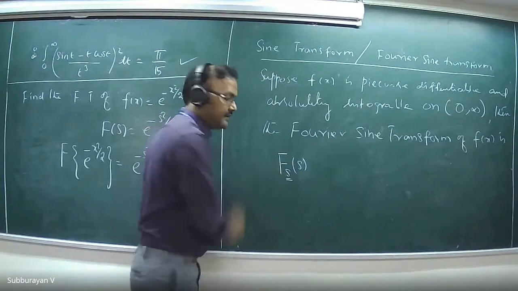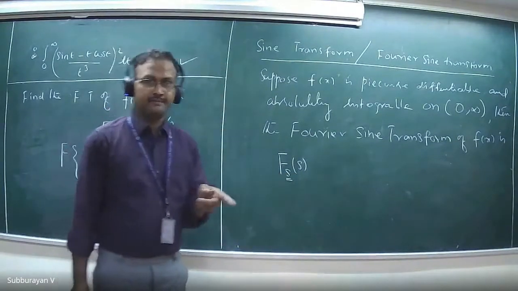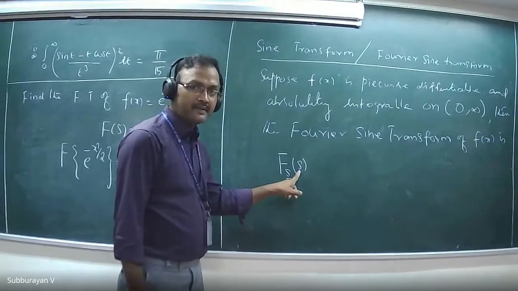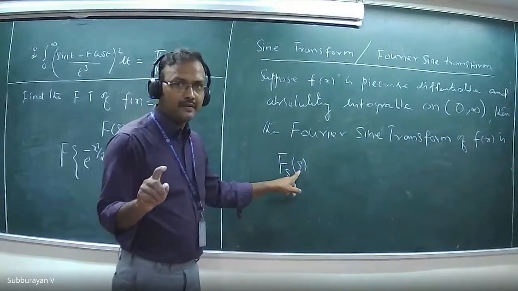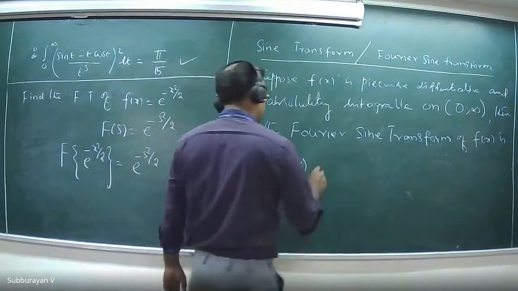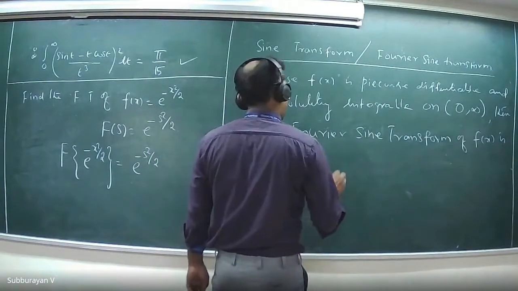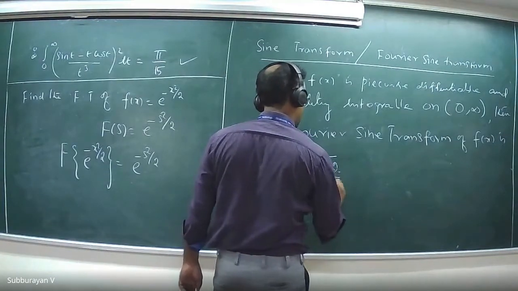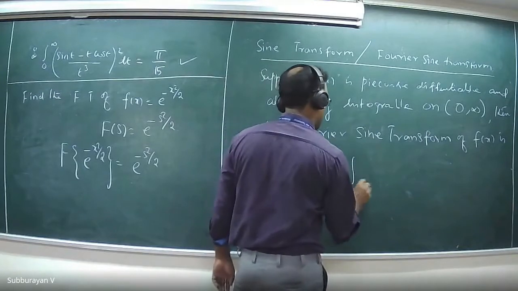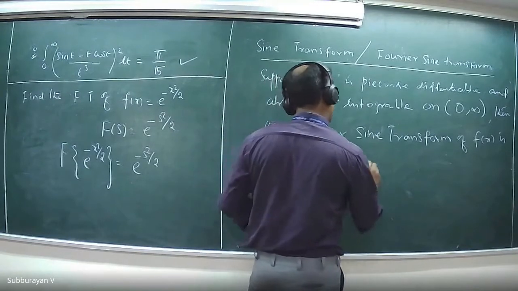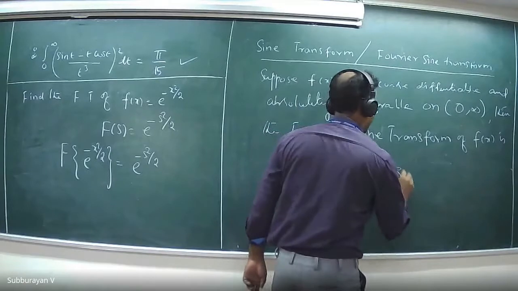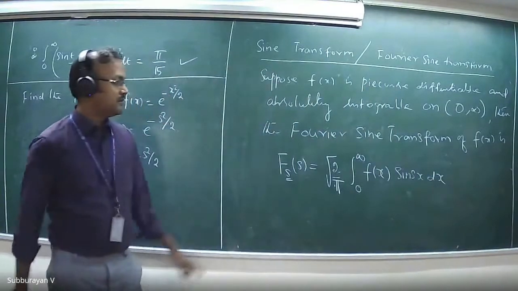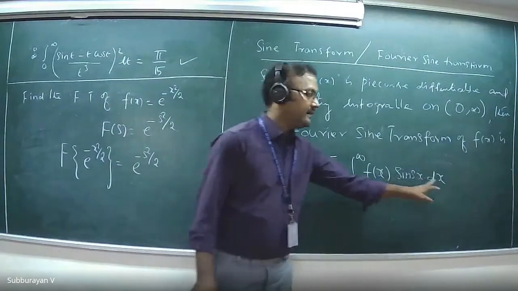The suffix s denotes the sine transform, and the argument s denotes the variable, a function of s, which is defined as square root of 2 by pi integral 0 to infinity small f of x into sine sx into dx.